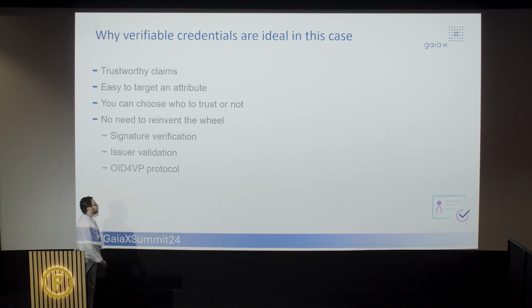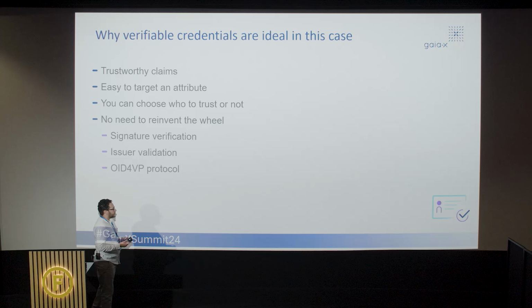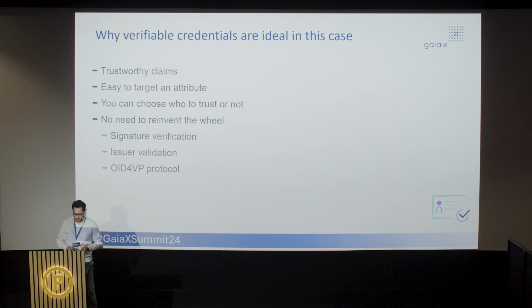So to get back to verifiable credentials again, why are they actually ideal in this specific use case? It's of course to leverage what's already out there, so they're already a trustworthy claim. They're easy to target and attribute, and be very precise. You can choose whomever you want to trust or not.